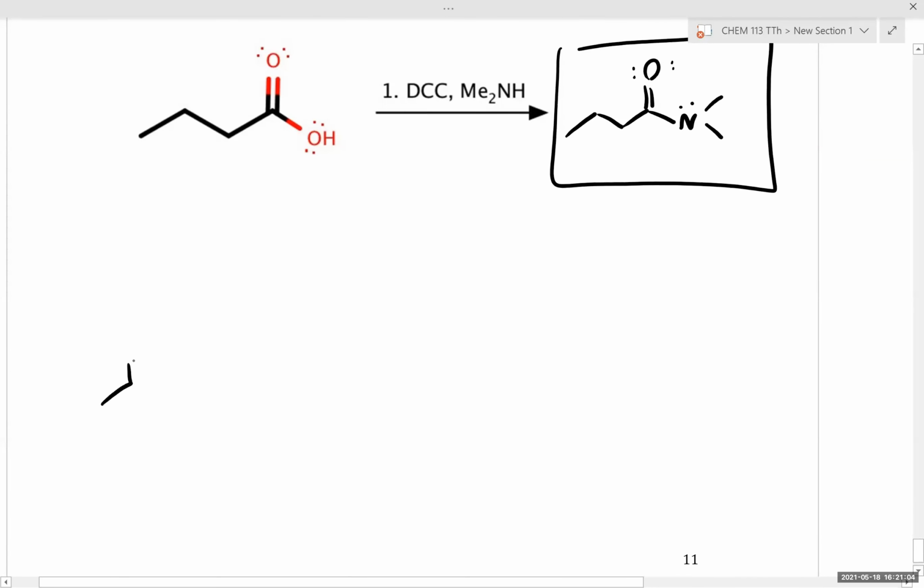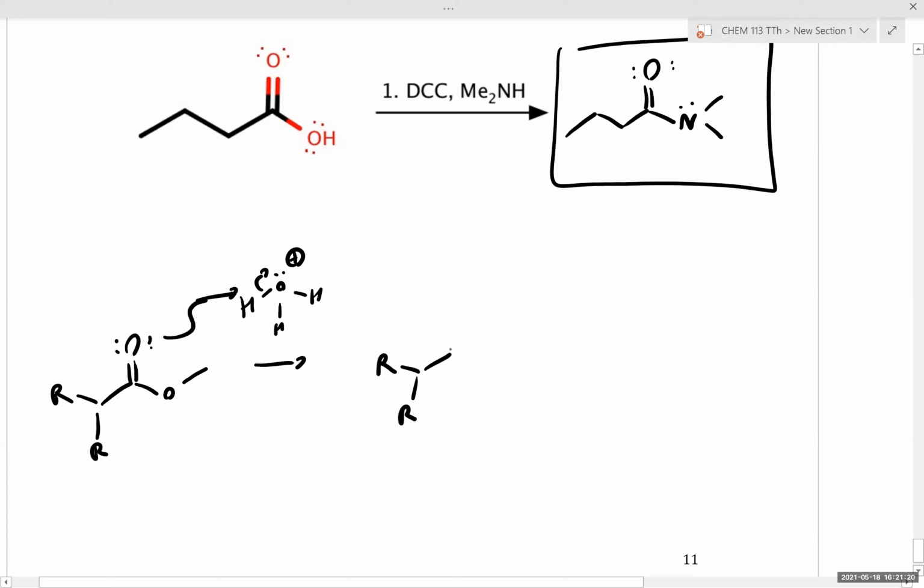So if you have a generic ester and you treat it with H3O+, first we're going to protonate the ester. From here, water will attack. We get a tetrahedral intermediate.